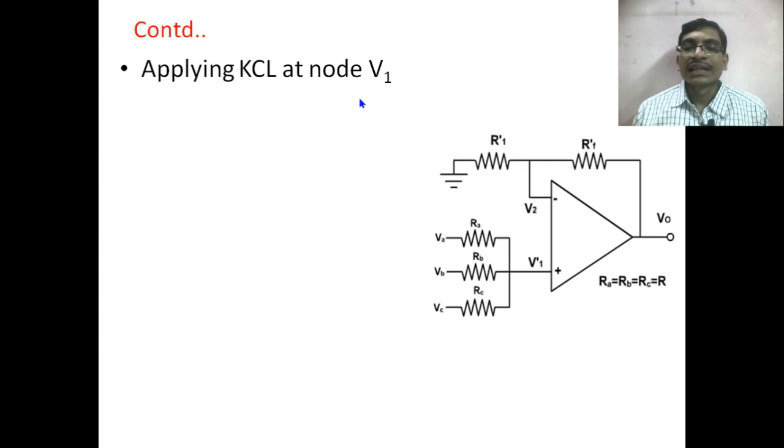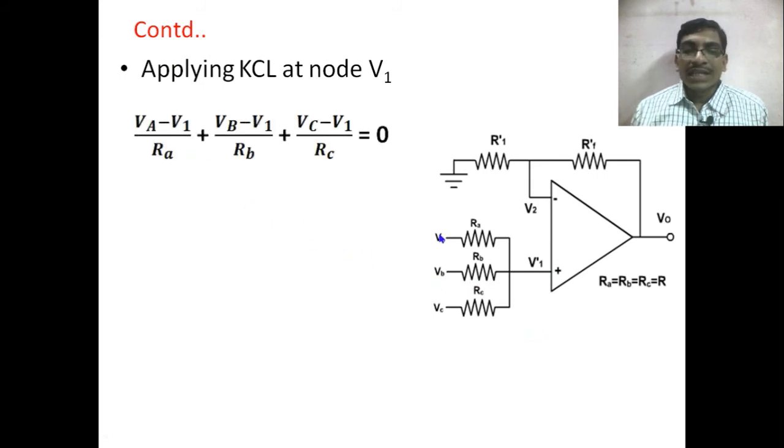Let us apply the KVL at node V1. At the node V1, we are going to apply the KVL. The current flowing in the RA resistor is written as VA minus V1 divided by RA, the current flowing in the RB resistor can be written as VB minus V1 divided by RB, and the current flowing in the RC resistor can be written as VC minus V1 divided by RC, which is equal to 0.